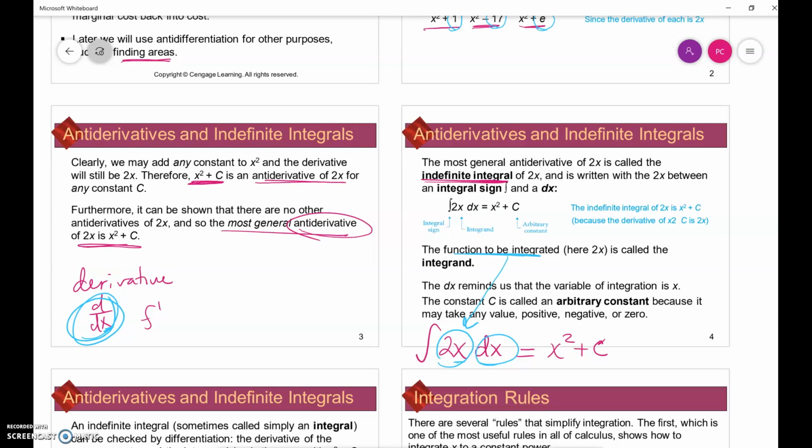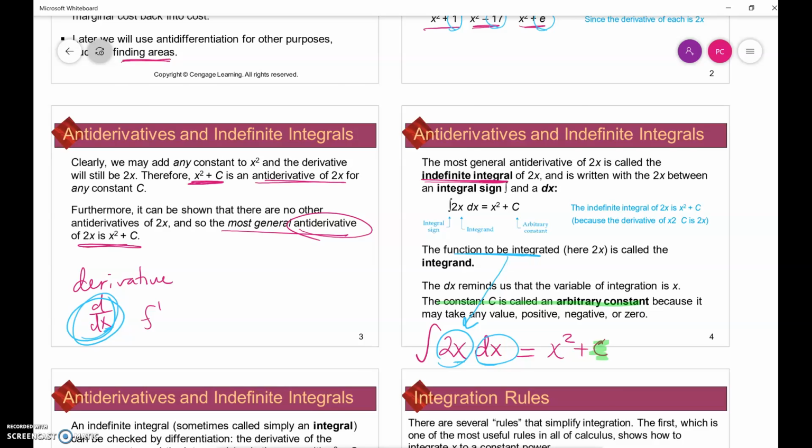The dx reminds us that the variable of integration is x, and this constant c is an arbitrary constant, because it can take any value, positive, negative, or 0. That takes into account that we don't know what was in the original function before we took the derivative and canceled out any constants.